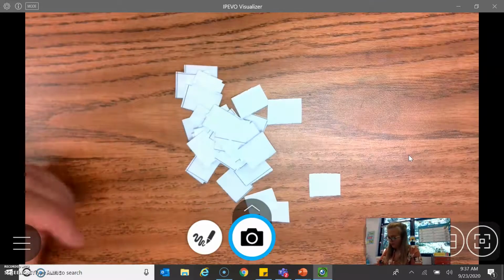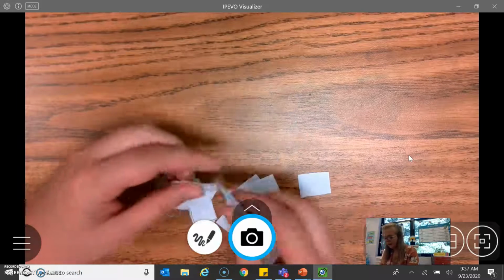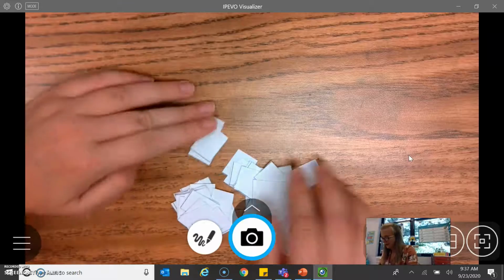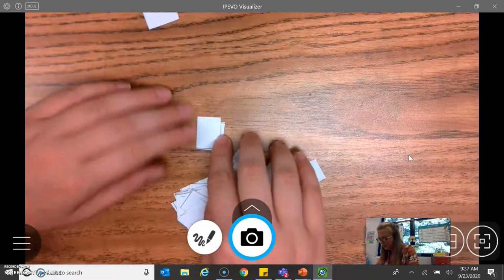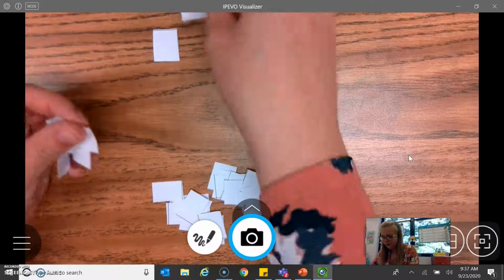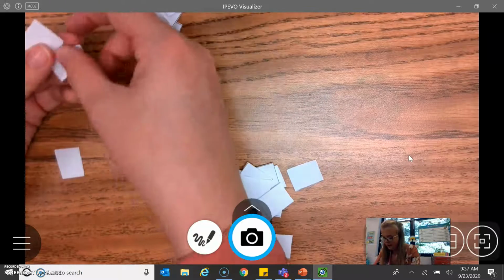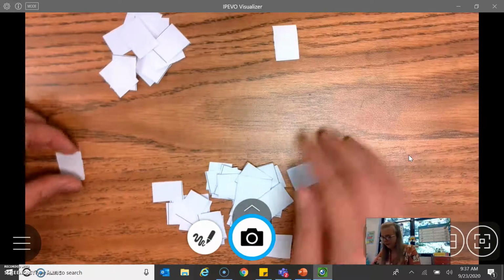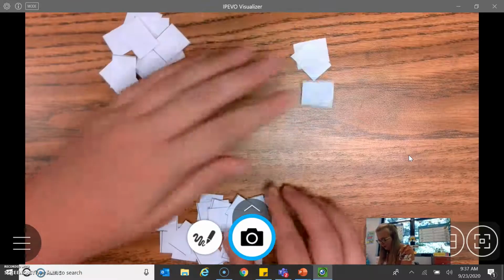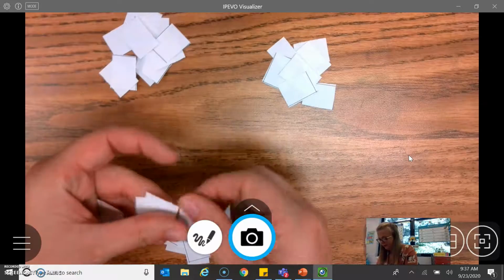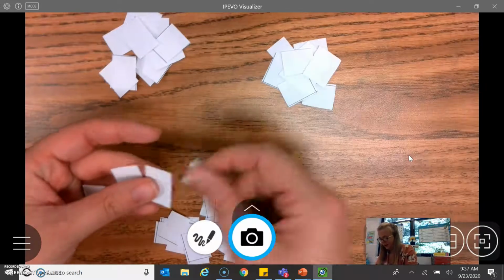I'm going to drop more this time. Ooh, I just dropped a lot. So I'm going to start this one by making groups of 10 because I don't want to count these individually. So I have 1, 2, 3, 4, 5, 6, 7, 8, 9, 10. So that's one group of 10. Then I have 1, 2, 3, 4, 5, 6, 7, 8, 9, 10.